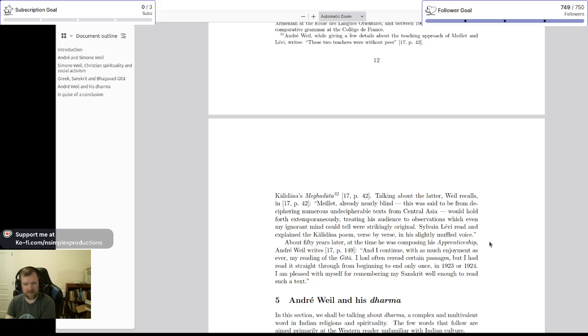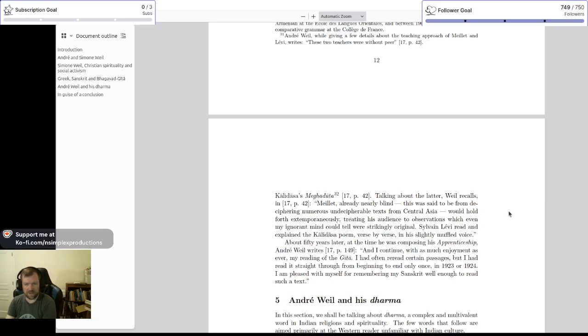Talking about the latter, Weil recalls, "Meillet, already nearly blind, would hold forth extemporaneously, treating his audience to observations which even my ignorant mind could tell were strikingly original. Sylvain Lévy read and explained the Kalidasa poem verse by verse in his slightly muffled voice."